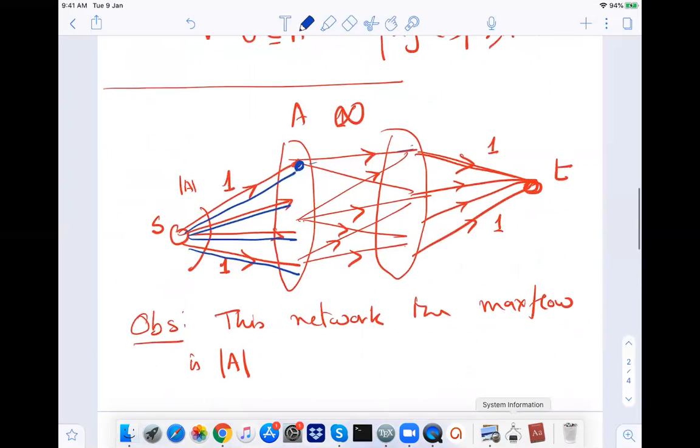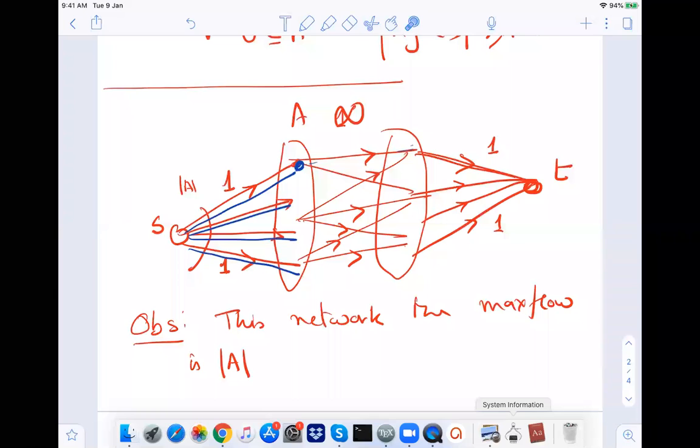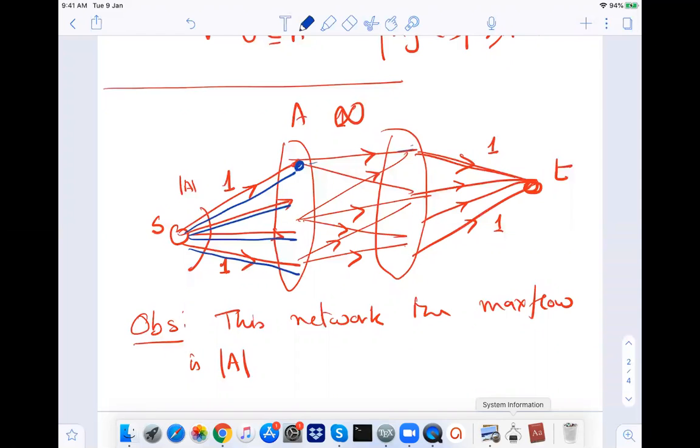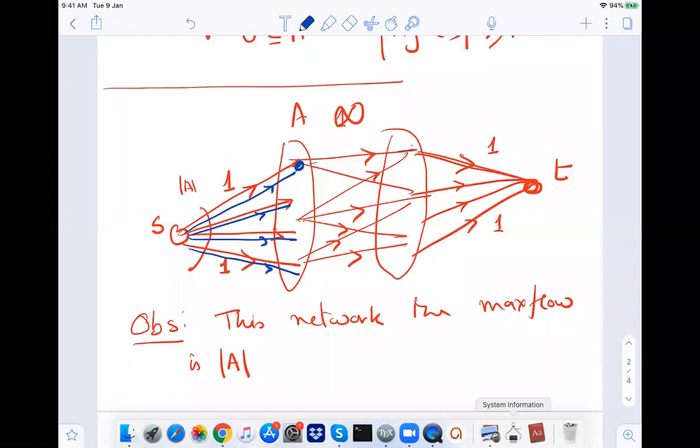So what does it come down to in this picture? Since everywhere it is an integer, 1 and infinity, all of them are integers, right? If I push 1 unit from here, that is an integer flow, but this 1 unit cannot be split further. So either it will go on this edge or this edge. Say it goes on this edge, and then after coming here, it will go on this edge.